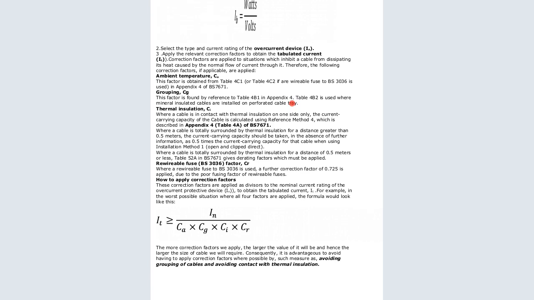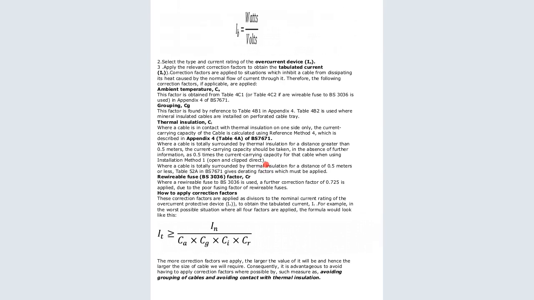The correction factors are applied to situations that inhibit the cable from dissipating the heat caused by the normal flow of current through it. Therefore the following correction factors are applicable. We have the ambient temperature, a very important thing that has to be considered.